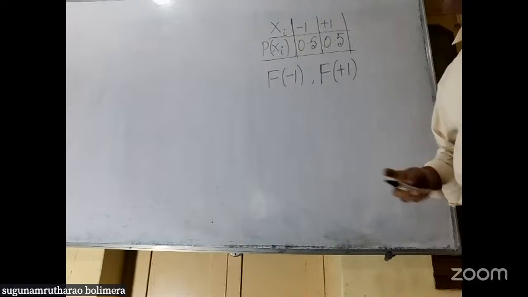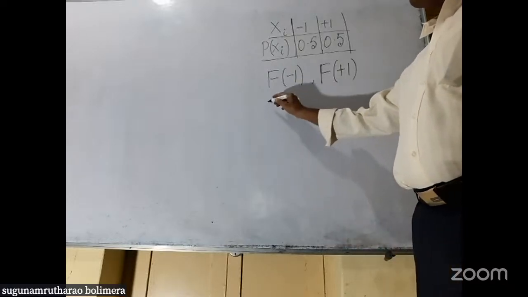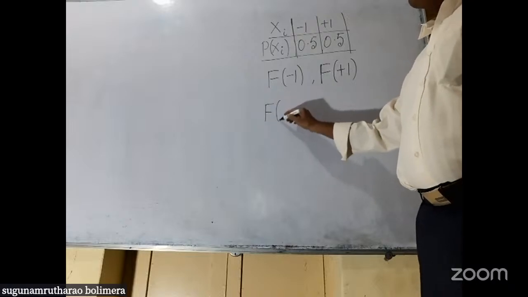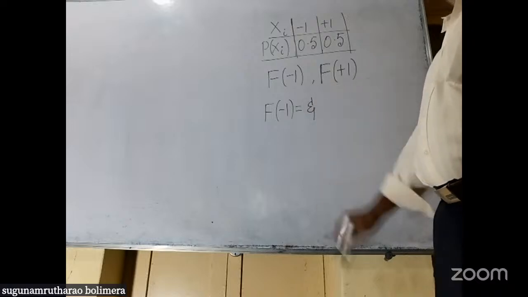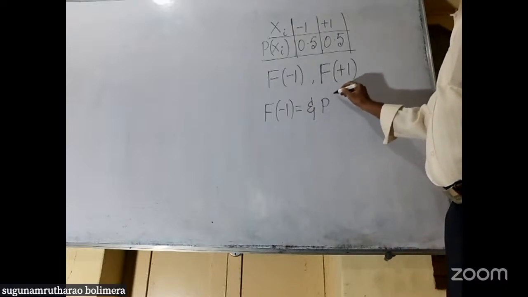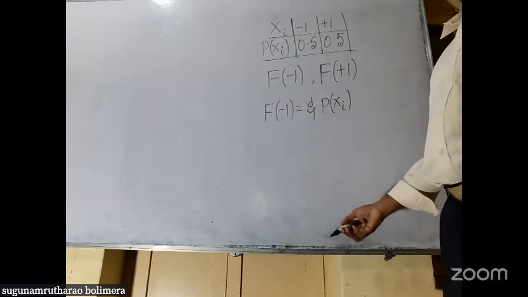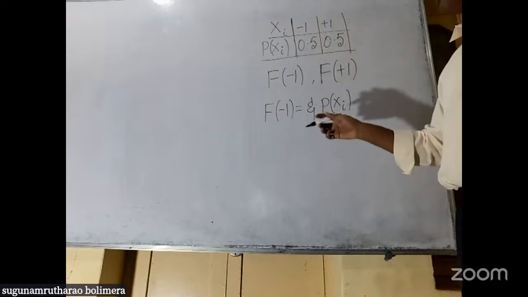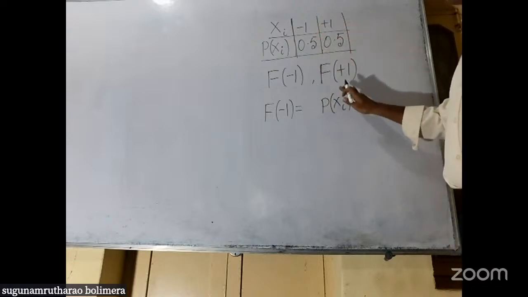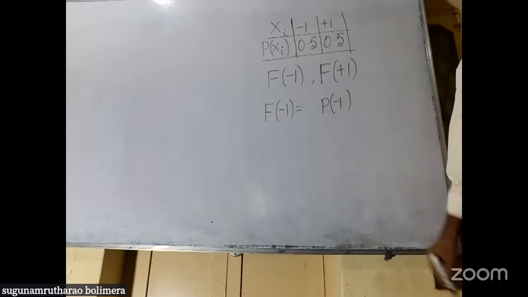What is capital F of minus 1? Capital F of minus 1 is equal to the summation of the probability where you have only minus 1 to minus 1 only. So P of minus 1, that's enough.